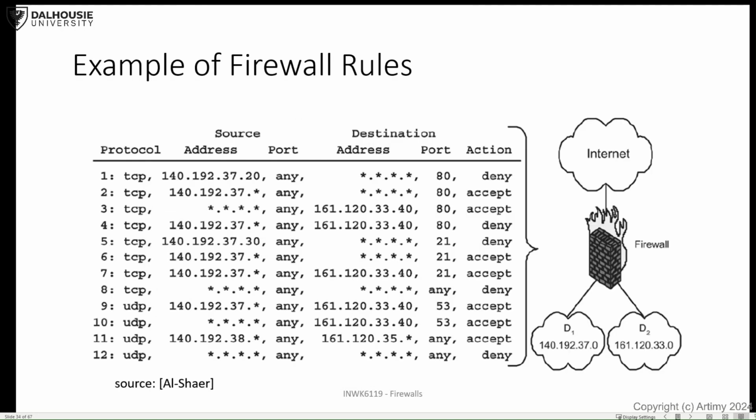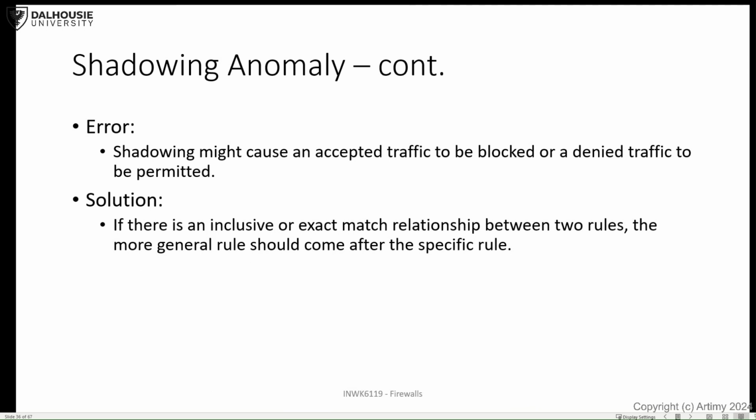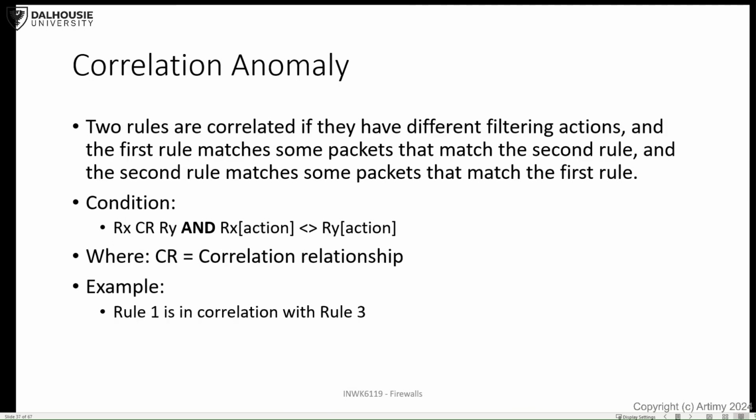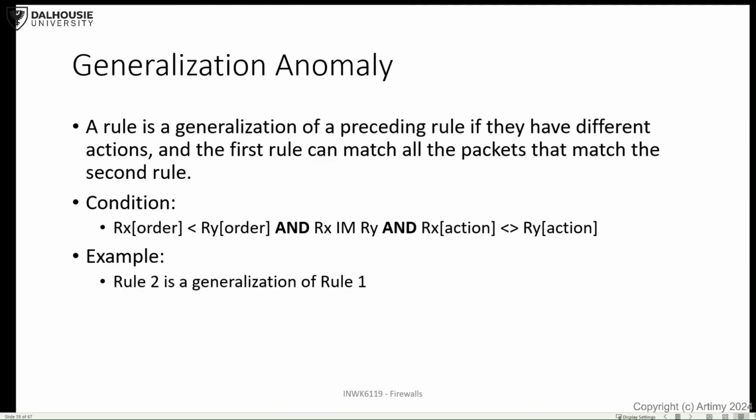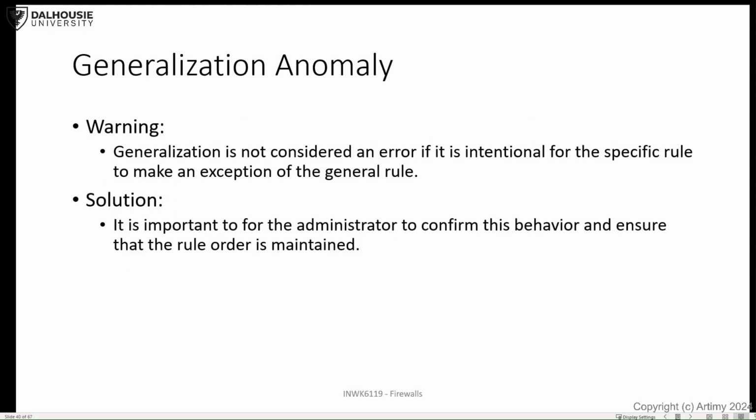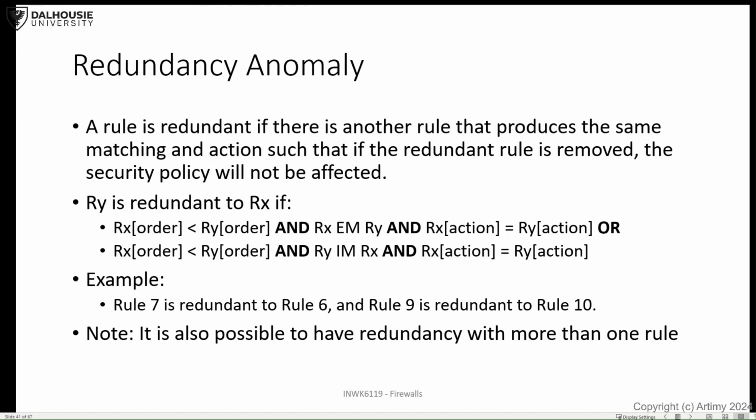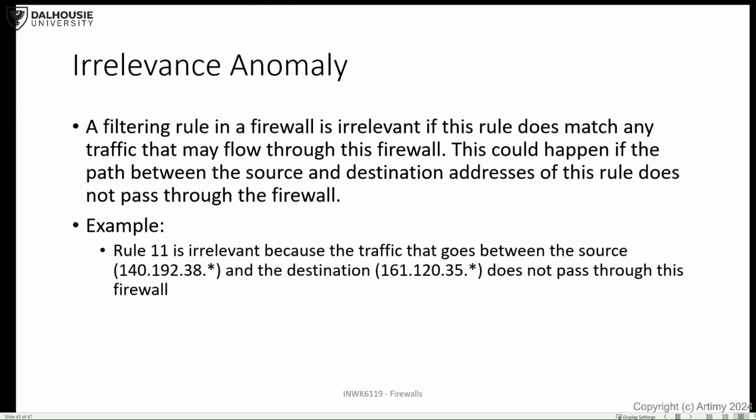Right, so we're gonna avoid making anomalies, which, to remind you, are shadowing, correlation, generalization, and redundancy. There is also the irrelevance anomaly, which is, the rule should be relevant to the network. So with that being said, I'm gonna start with some basic scenarios and then we'll progress from there.